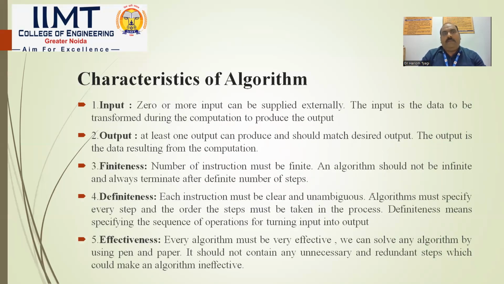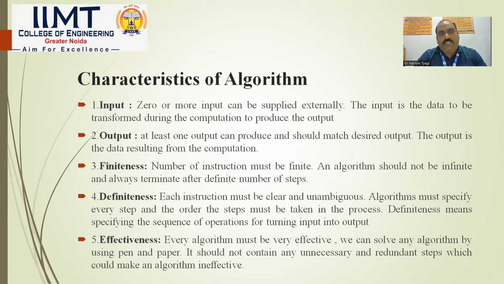Now, these are the characteristics of algorithm. Basically, an algorithm has 5 characteristics: input, output, finiteness, definiteness, and effectiveness. Basically, the input means 0 or more inputs can be supplied externally, means you can give the input by using any input device.